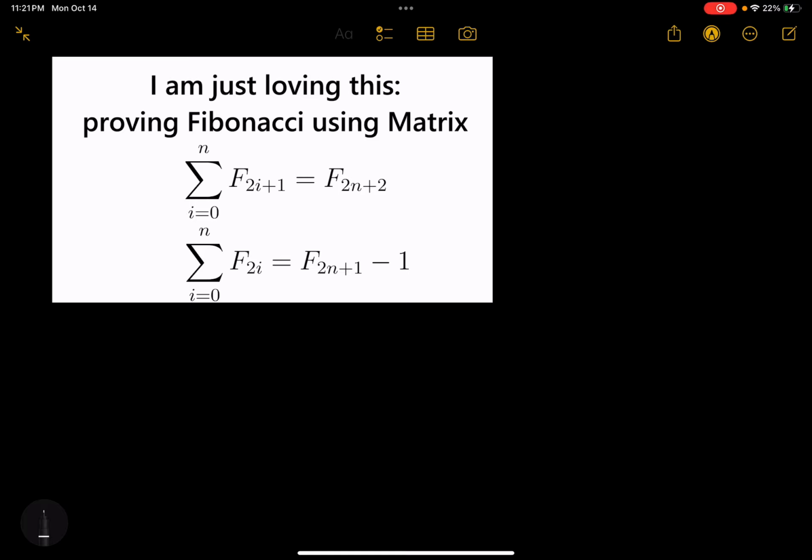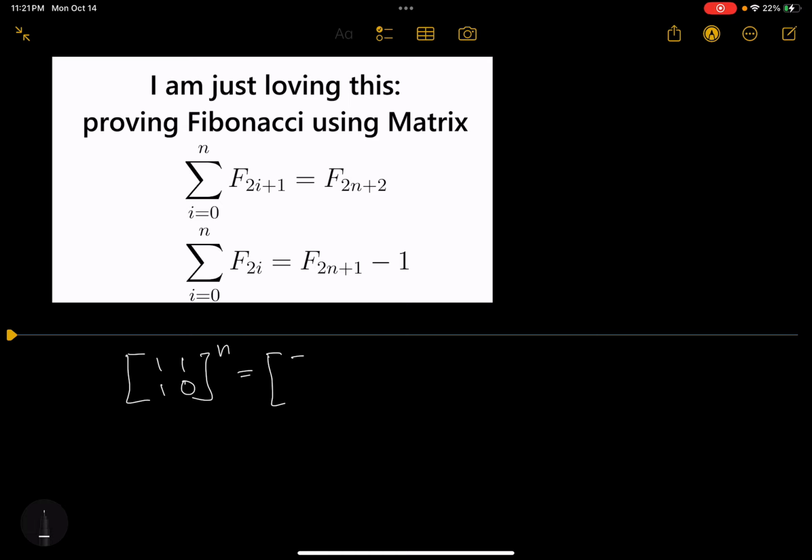Now, if you have watched the previous video, I proved that if we multiply this matrix n times, that means raised to the power of n, what we get is the n plus 1 Fibonacci number, n Fibonacci number, n Fibonacci number, and n minus 1 Fibonacci number, right?